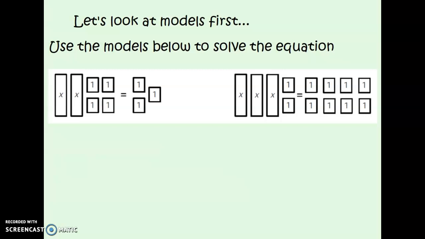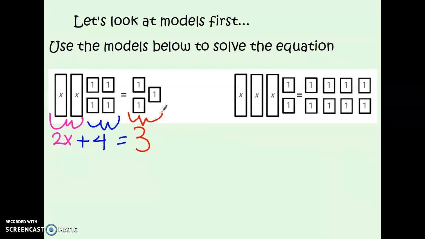Okay, so we have our two x's here. And then we have 1, 2, 3, 4 ones, or plus 4, and this is equal to 1, 2, 3 ones, or just 3. Okay, so now we start with adding and subtracting.